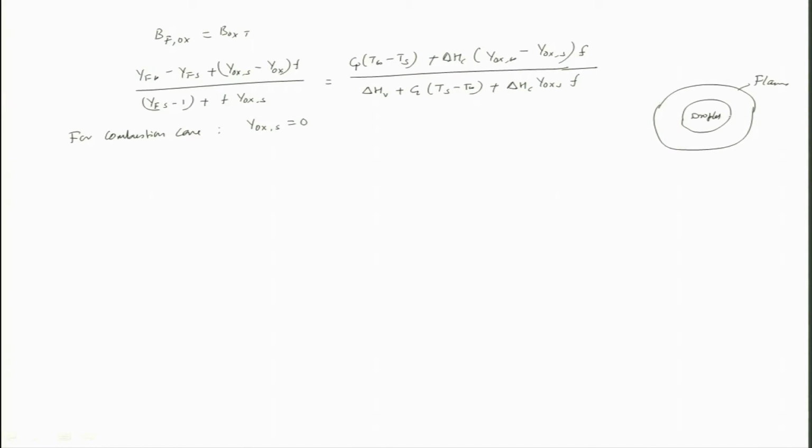Therefore this will be 0 at this surface, if I say this is Rs. And if it is far away, let us say at infinity, what will be the fuel? Y_F infinity will be 0. So if that is the case, I can say this is 0. Oxygen at the surface is 0.